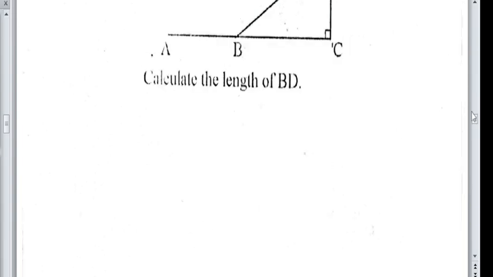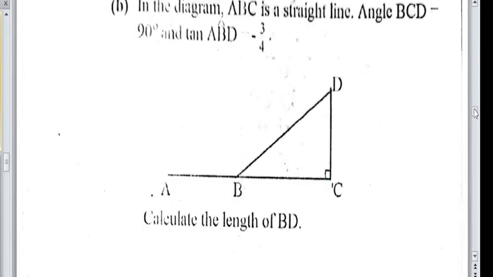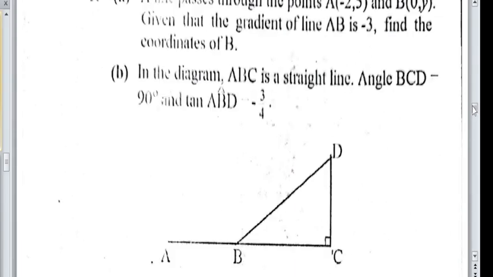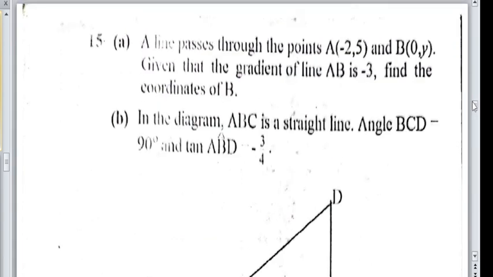We proceed, we look at a different question. Question 15. A line passes through the points A and B. If this is not too clear, I can write. Point A is (-2, 5).